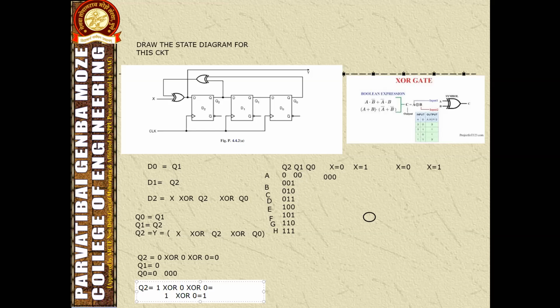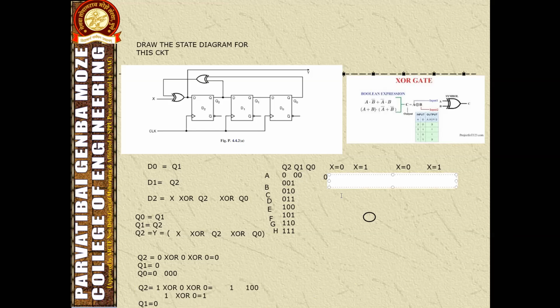So at the end, Q2 is high, Q1 is 0 and Q0 is also 0. So the possible combination we are getting here is 1, 0, 0. So we have to write 1, 0, 0 here, like that.